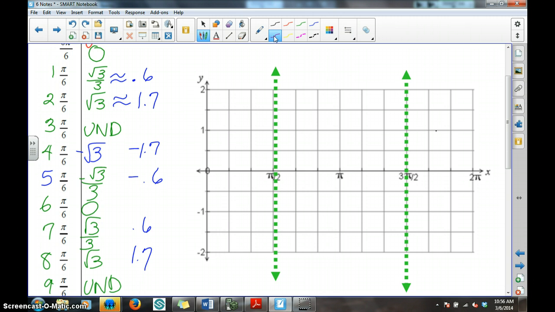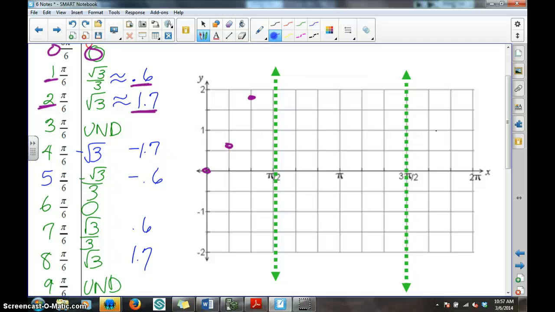I'm going to start with my right 0, up 0, right 1, up 0.6, right 2, up 1.7. Worth noting at this point that you'll recall the sine and cosine graphs never went above 1, because we said sine and cosine are never going to be above 1.